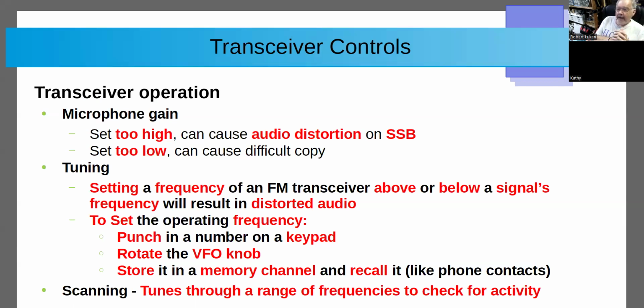If it's set too high, you're going to get some overmodulation and get audio distortion. If it's set too low, it's going to give you undermodulation, so your signal will be kind of hard to copy. Most of them, I think, default around 50%. Probably better to lower it a little bit, kind of find out where the best setting is.